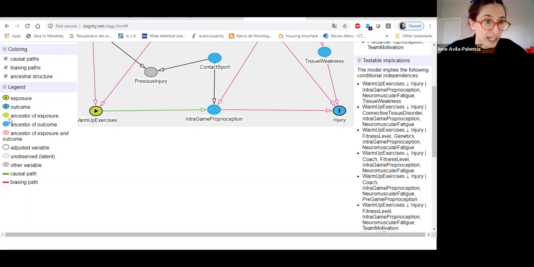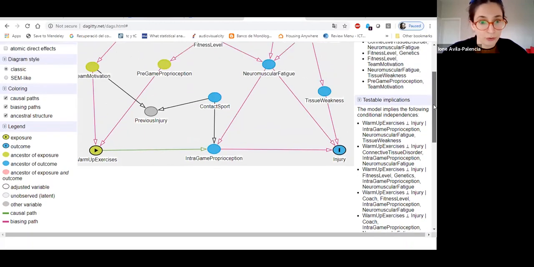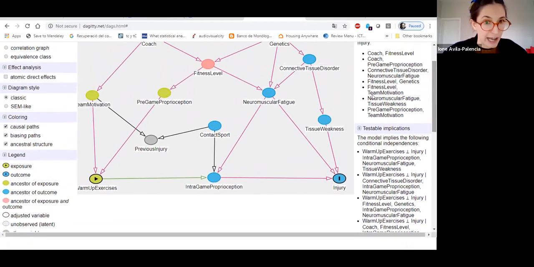Then we can also find ancestors of the exposure, represented in green-yellow without any icon. In this case, the ancestors of the exposure would be team motivation and pre-game proprioception. The ancestors of the outcome are represented in blue. Here we can find ancestors like intra-game proprioception, contact sport, neuromuscular fatigue, and more.